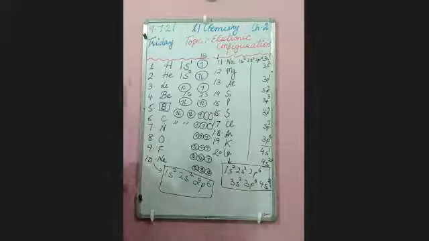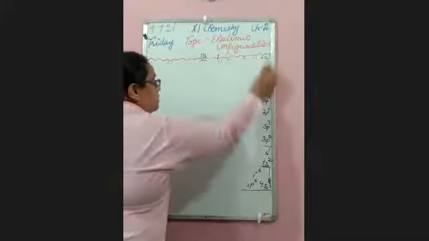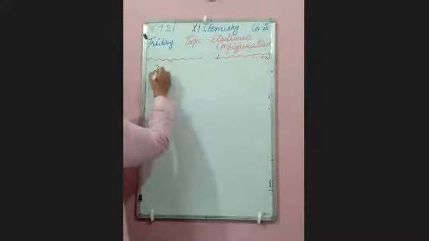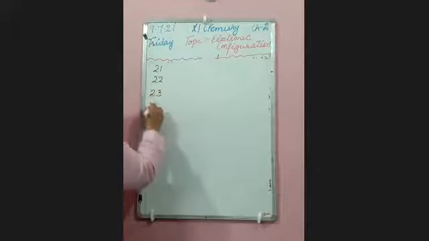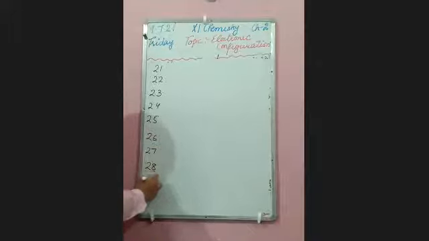Now comes 21 to 30: 21, 22, 23, 24, 25, 26, 27, 28, 29, 30.